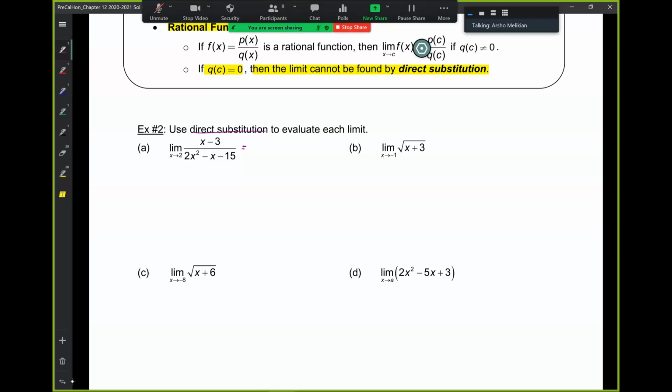The minute you plug in your values, the limit symbol has to disappear. So when I plug x equals 2 into these x's, I just get 2 minus 3 over 2 times 2 squared minus 2 minus 15.